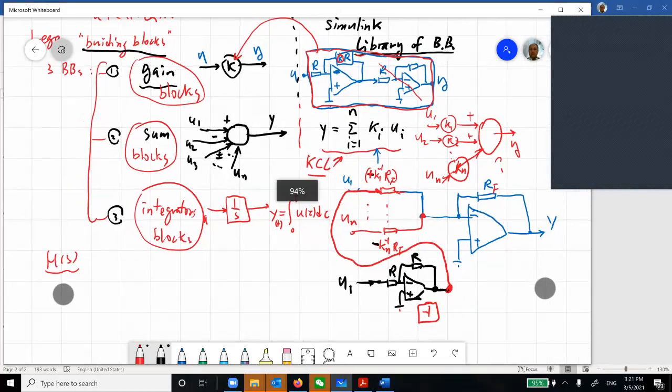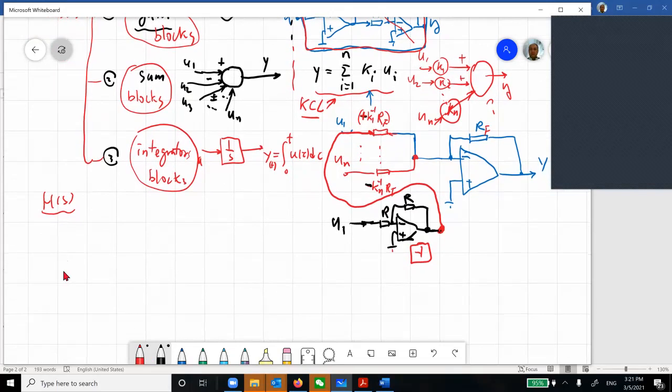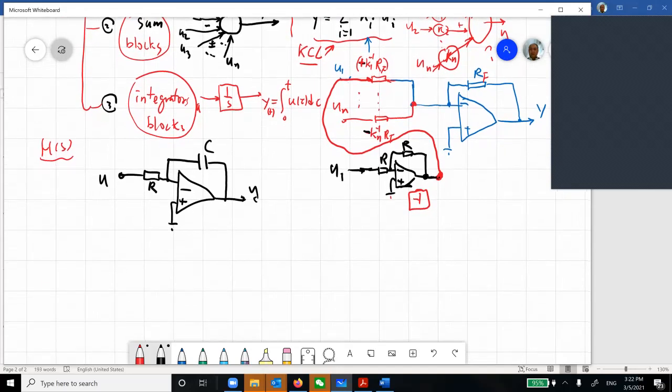Okay, so let's move to the integrator. Everybody knows how to do the integrator. So you have a Y, you have a U in here. So you can say, hey, let's check.